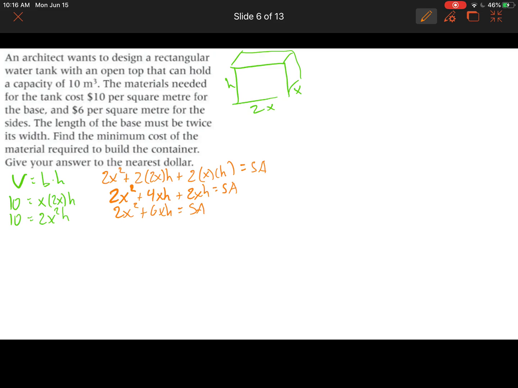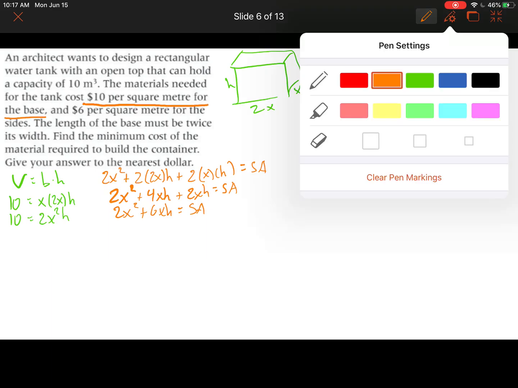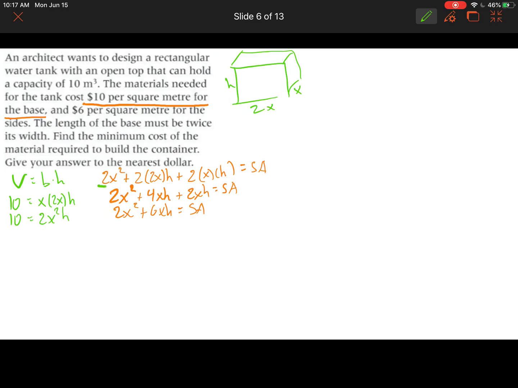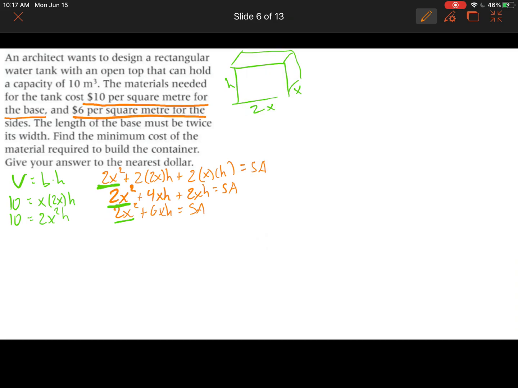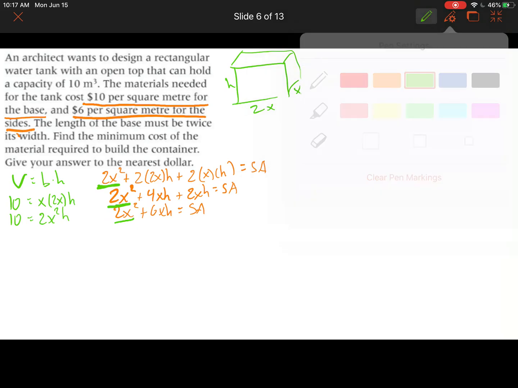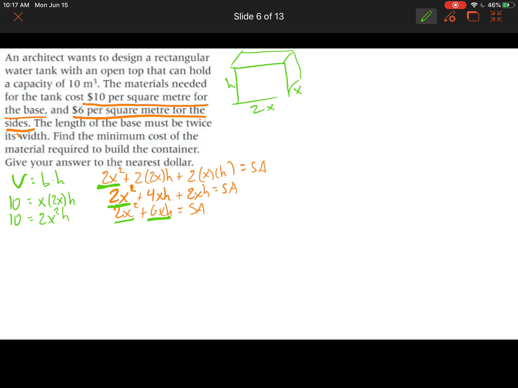Alright, so we got a bunch of stuff going on here. However, we're not necessarily interested in minimizing our surface area. We're particularly interested in minimizing the cost. So this is $10 per square meter for the base, and this part here represents the base, and it was $6 per square meter for the sides, and this part here represents the sides.